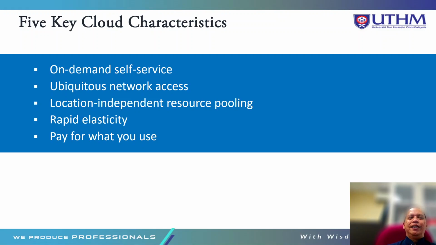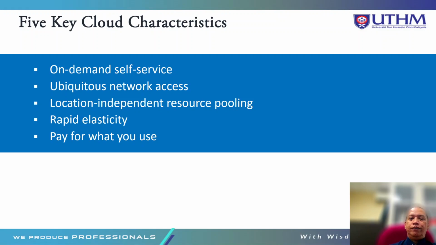And then we have location-independent resource pooling. It means, for example, if this is Microsoft Azure, where the locations of the servers are various, you don't have any speed or accessibility issues, because it is being handled by the service provider, in this case Microsoft.